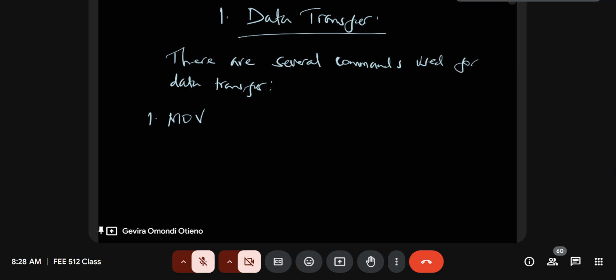When we write move like this, it is human language, based on the decimal number system. But when we write MOV, it is based on bits, binary digits, and it's computer language.